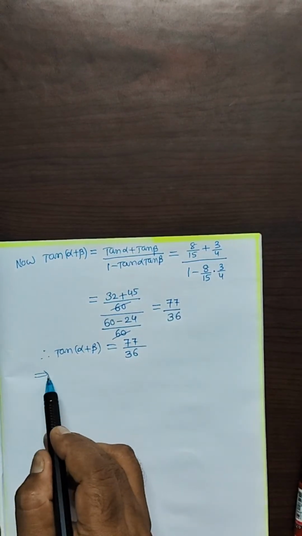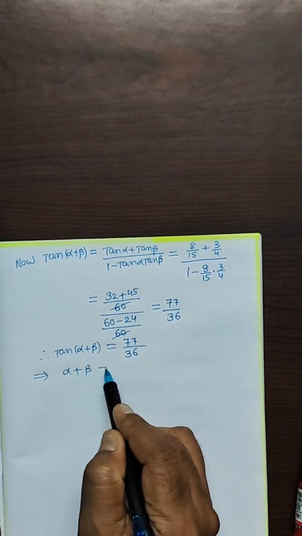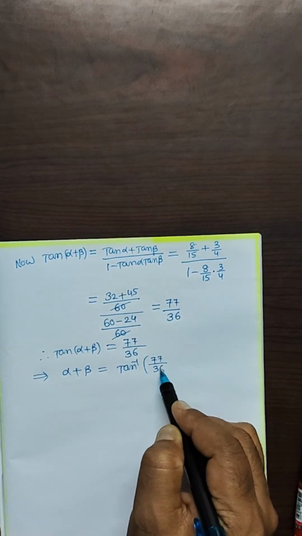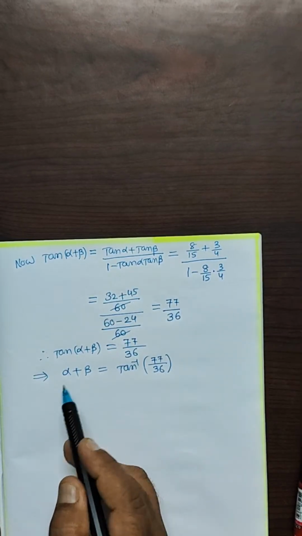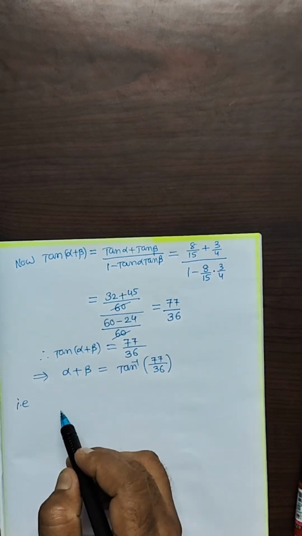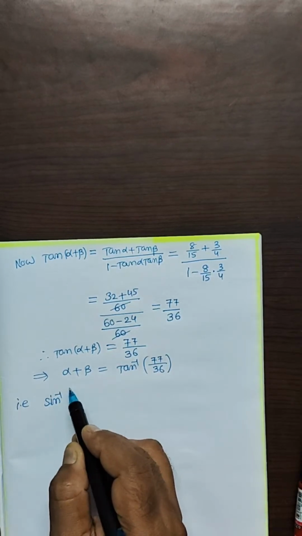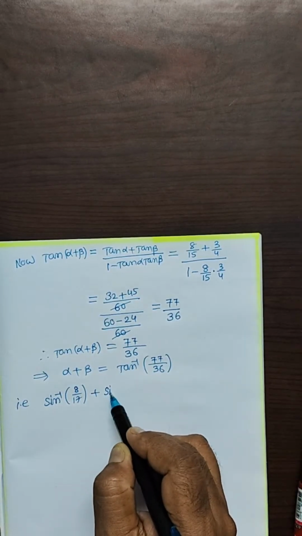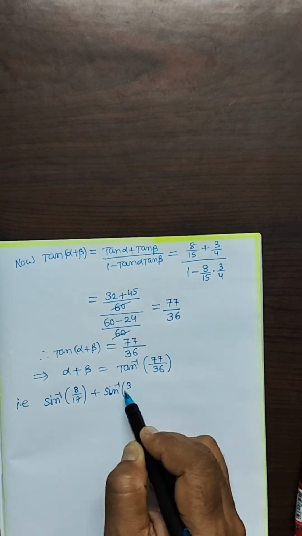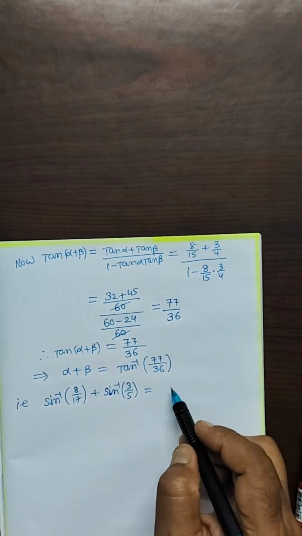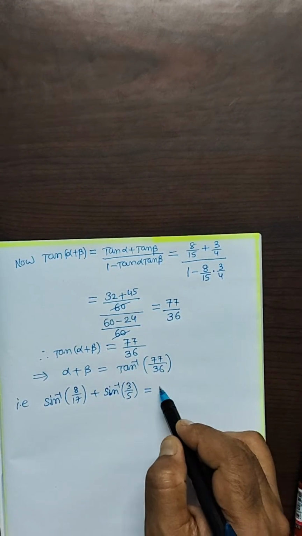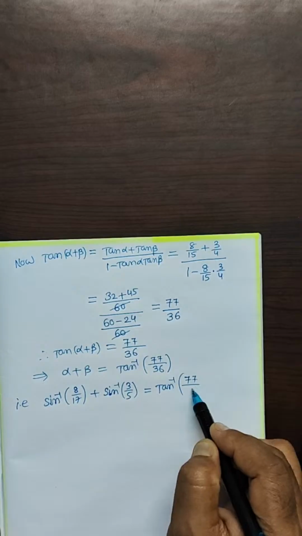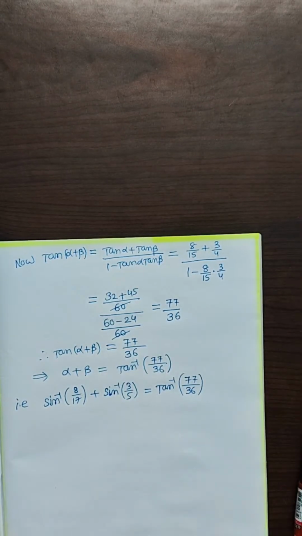From this data, alpha plus beta is equal to tan inverse of 77 divided by 36. But what is alpha we are assuming? That is sine inverse of 8 by 17, plus beta we already assumed that sine inverse of 3 by 5 is equal to tan inverse of 77 divided by 36, dear students.